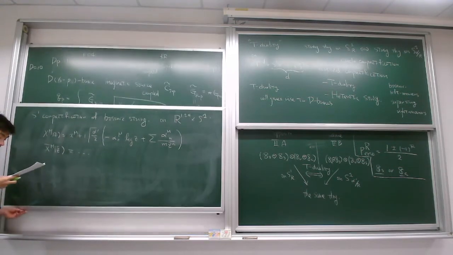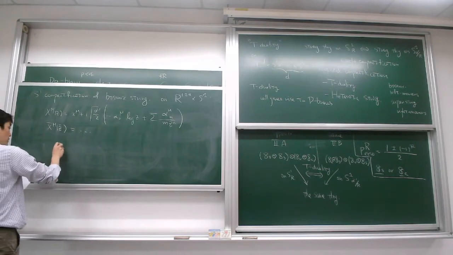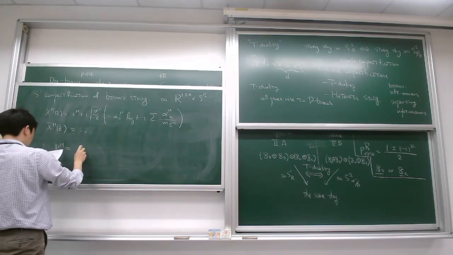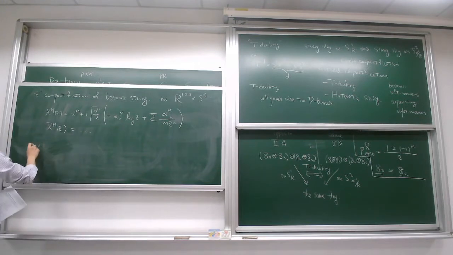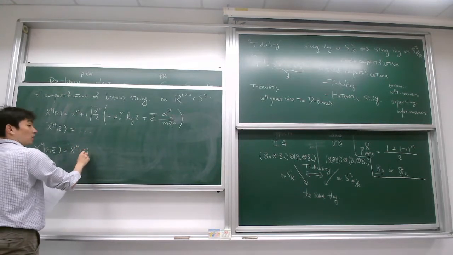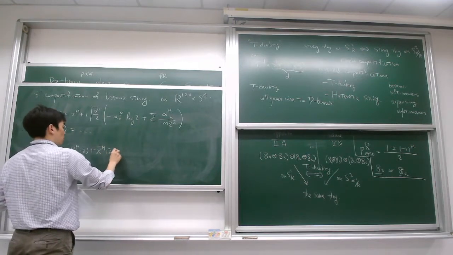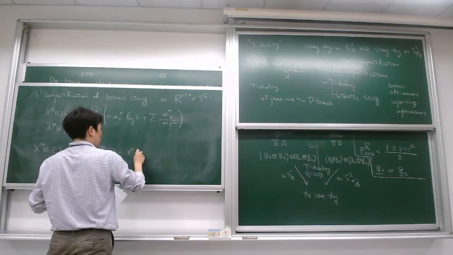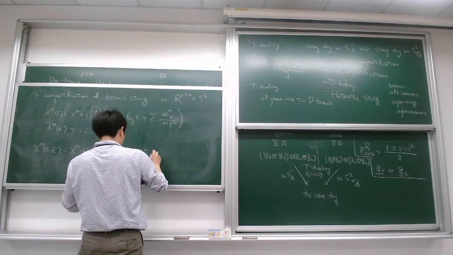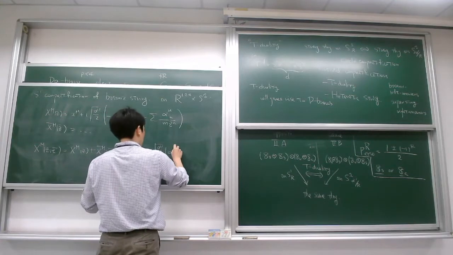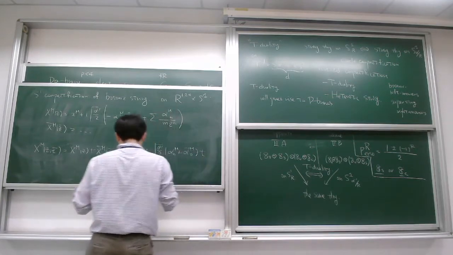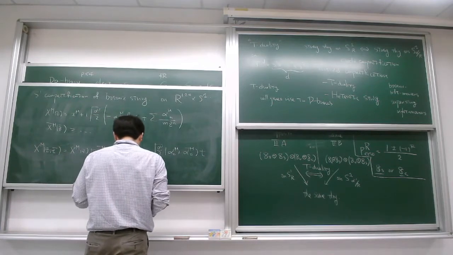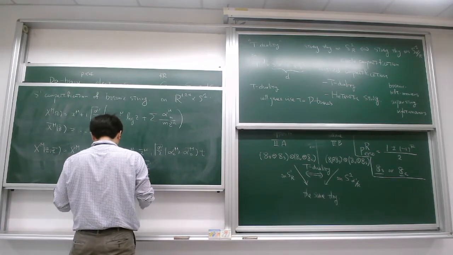And then we identify the p^mu. So we do the same as before, which is X^mu(z) plus X-bar^mu(z-bar), and this has the center of mass coordinate and alpha prime over 2, you have a zero mode, and another zero mode, plus alpha prime over 2 oscillators.